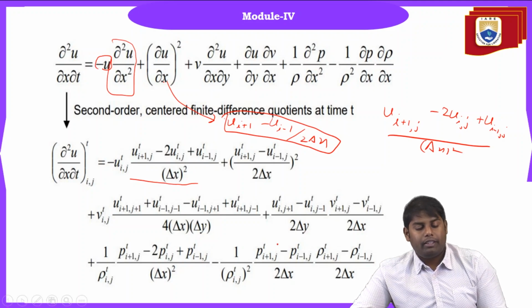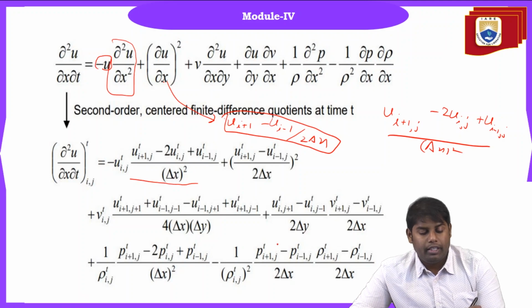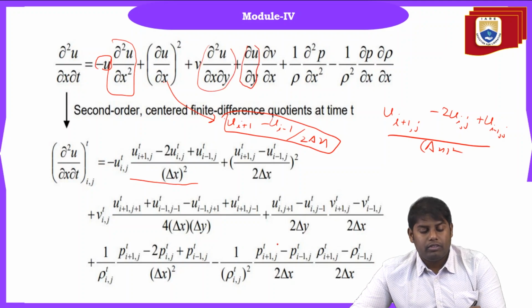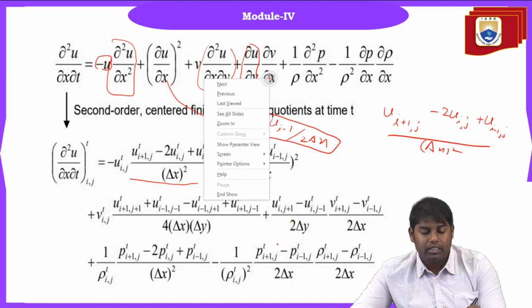The remaining things are the pressure second order term, the pressure first order term, and the density first order term. Here we applied the mixed derivative formulation, here the central scheme, again here the central scheme.